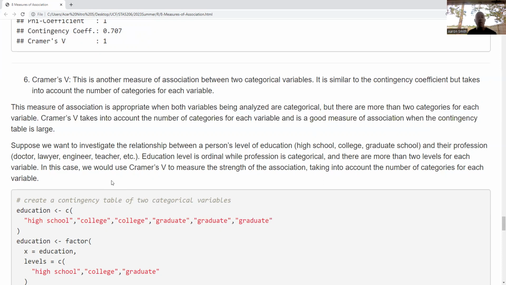Now, suppose we want to investigate the relationship between a person's education level, high school, college, or graduate school, and their profession, doctor, lawyer, engineer, teacher, etc. Education level is ordinal, while profession is categorical, and there are more than two levels for each of these. In this case, we would use Cramér's V to measure the strength of the association, which will take into account the number of categories for each variable.